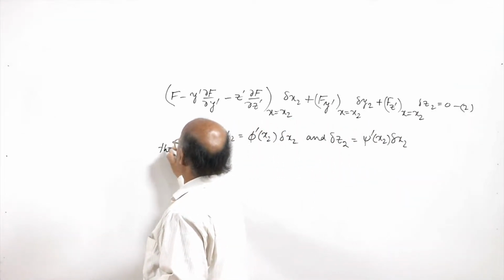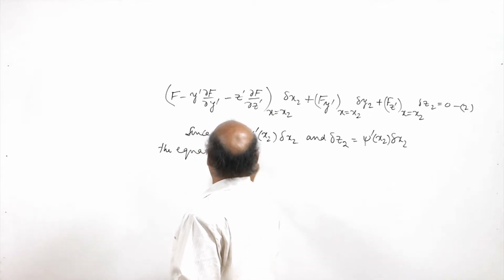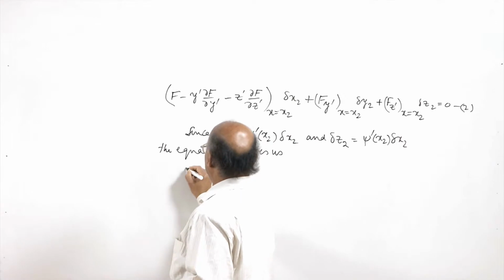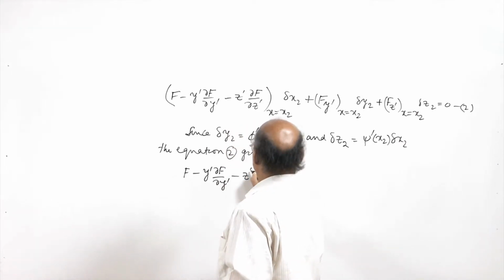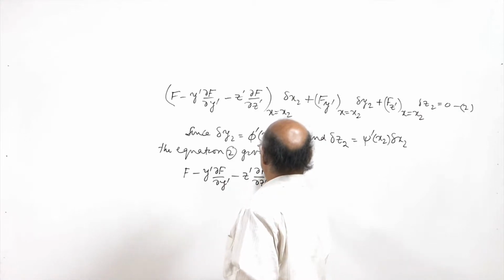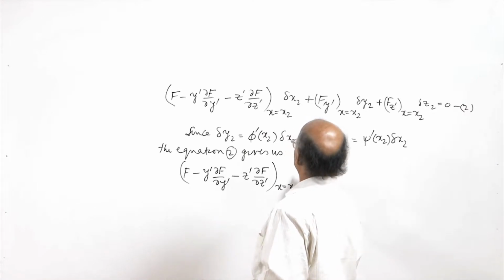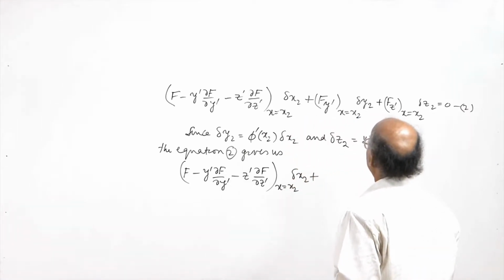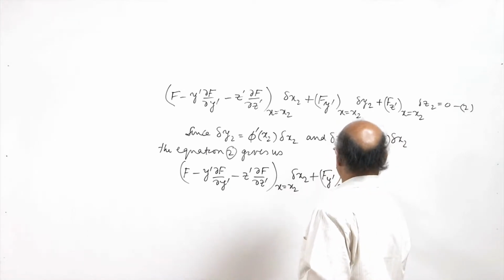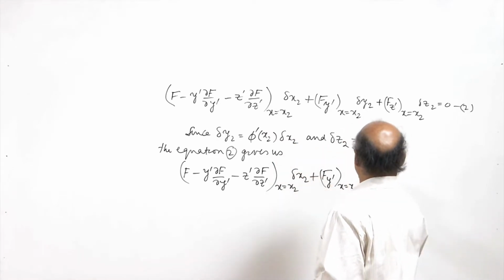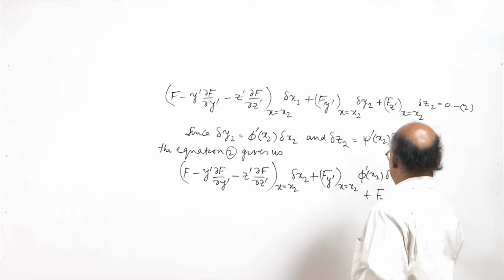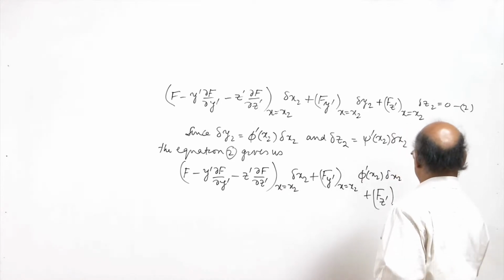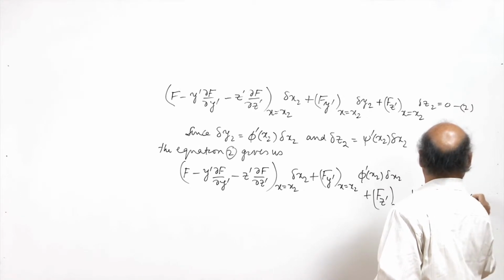Equation 2 gives us [F − y'F_y' − z'F_z'] δx2 + F_y' φ'(x2) δx2 + F_z' ψ'(x2) δx2 = 0.